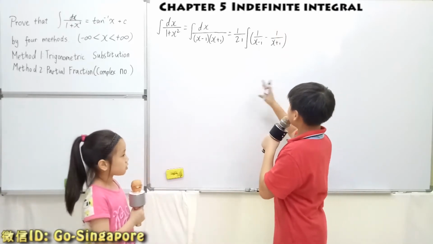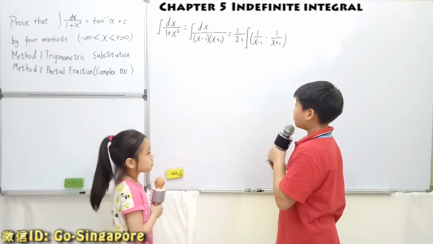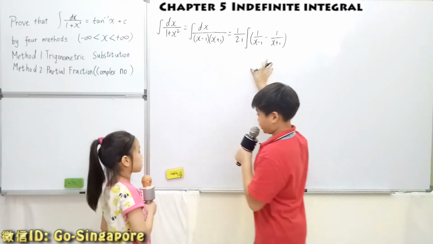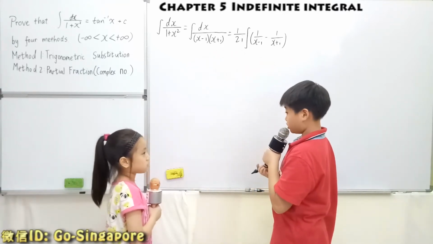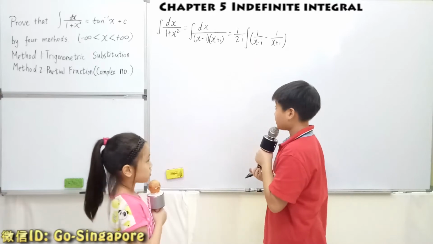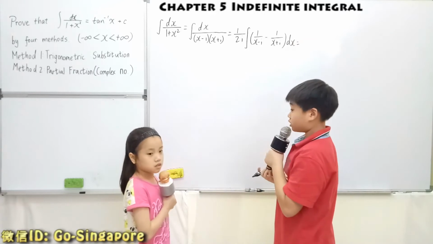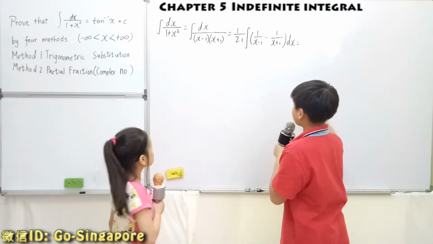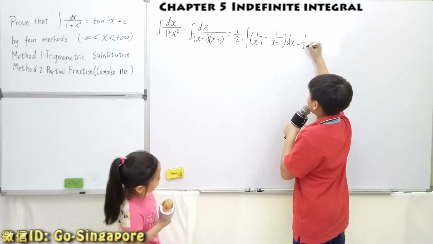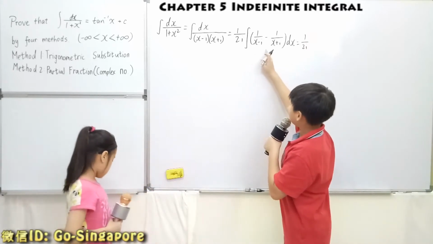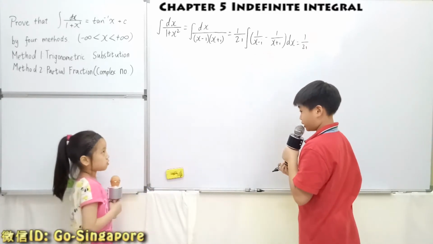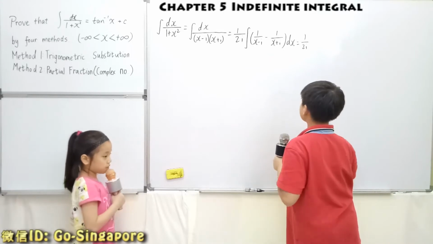But because we need to keep the expression the same, we need to divide by it. Right now we can integrate, and when a logarithm minus a logarithm, what is it actually? A logarithm minus a logarithm is actually a divide.